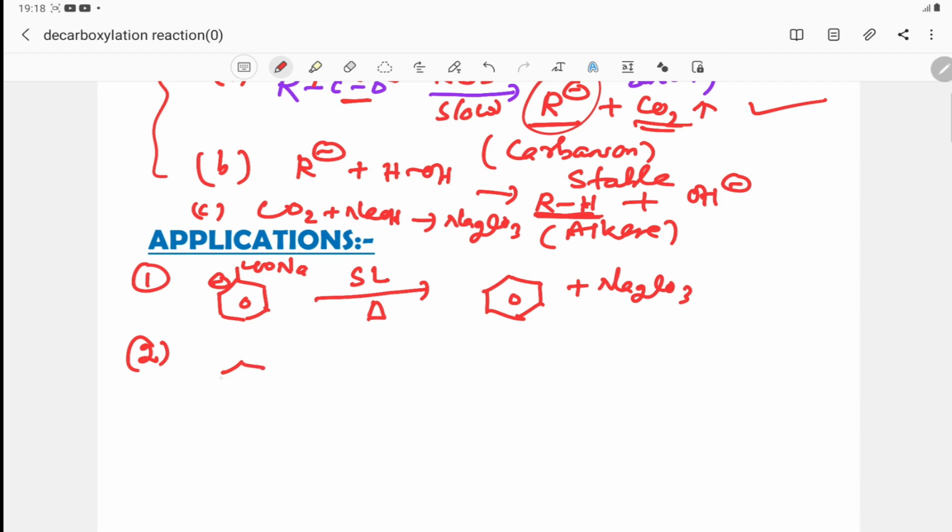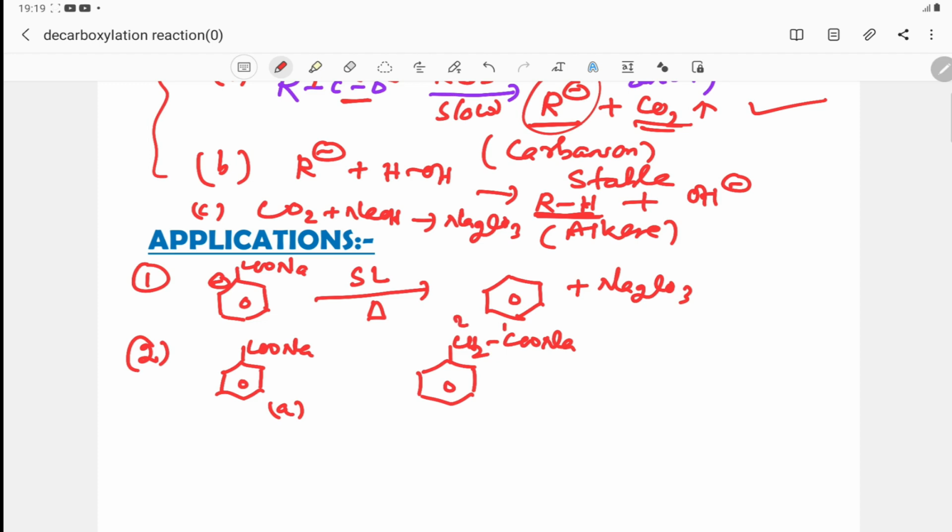So this is your sodium salt of benzoic acid, suppose this is A. The second example is the sodium salt of 2-phenyl acetic acid, that is sodium 2-phenyl acetate, with numbering 1, 2.